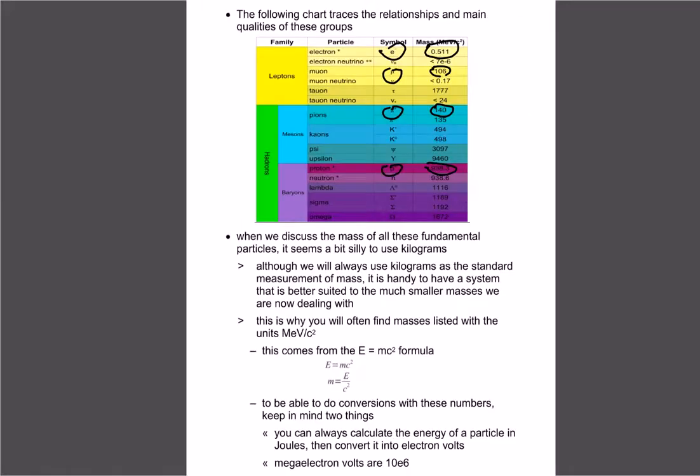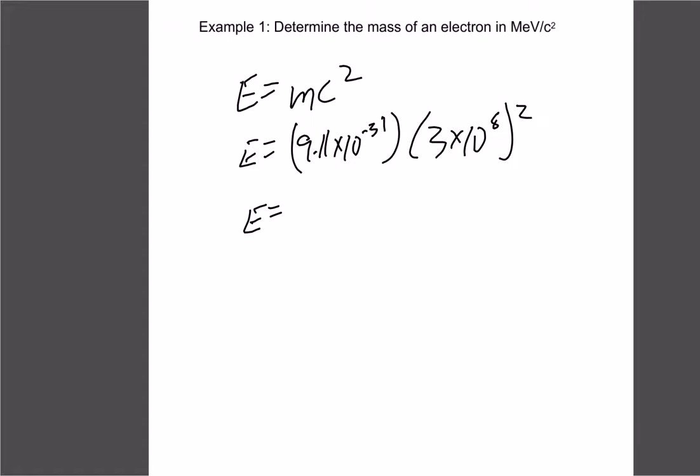If we do it in mega electron volts, we get 0.511, which is what the last chart showed us. So 0.511 mega electron volts is like 511,000 electron volts.